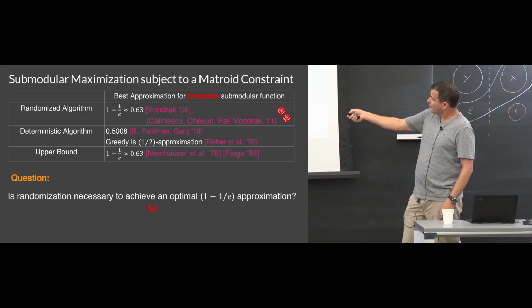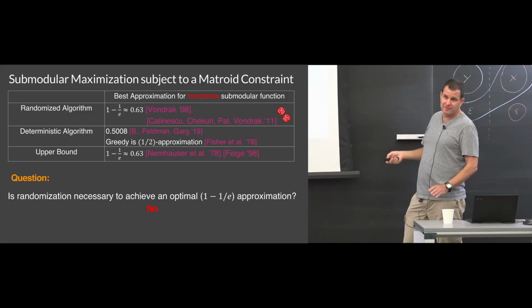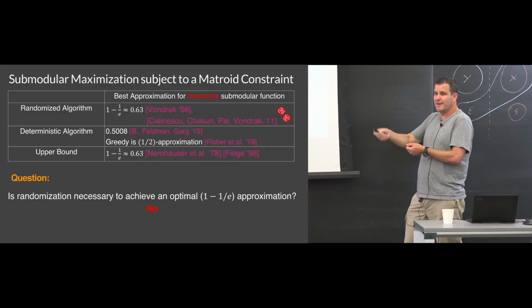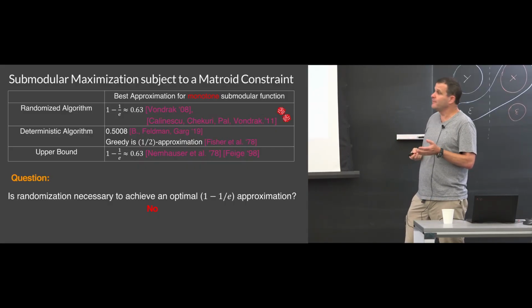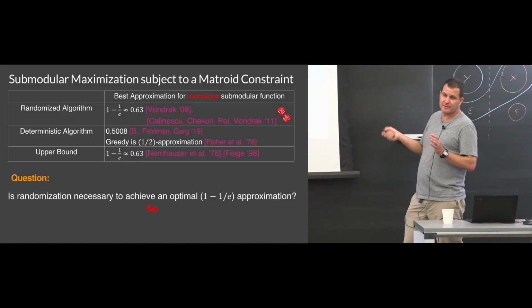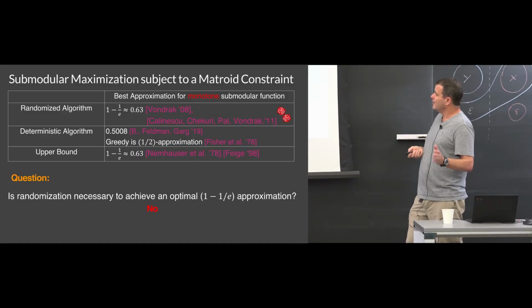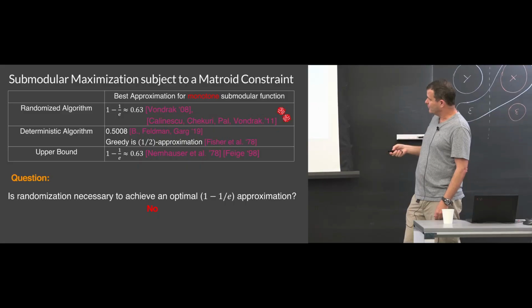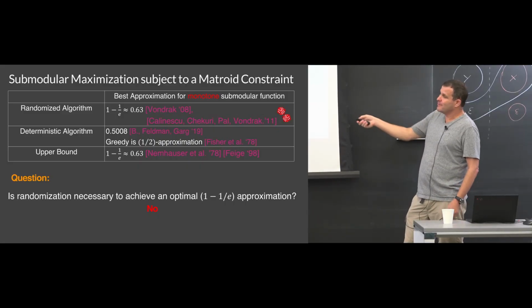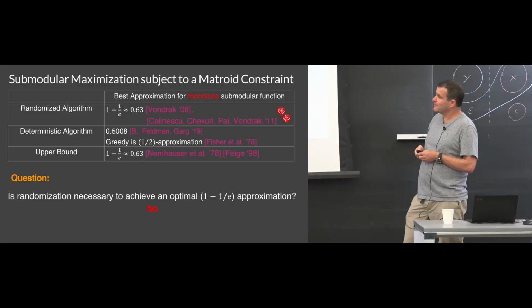And this is known for a long time to be optimal. So this is optimal both in NP hardness and in information theoretic terms, if you just have access via value oracle. So this 1 minus 1 over e is just the optimal that you can get. But what about deterministic algorithms?